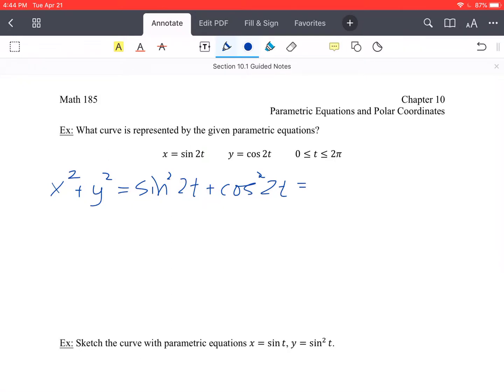And sine squared plus cosine squared of anything is still just 1. So we still have the equation x squared plus y squared equals 1. So this still represents the unit circle.